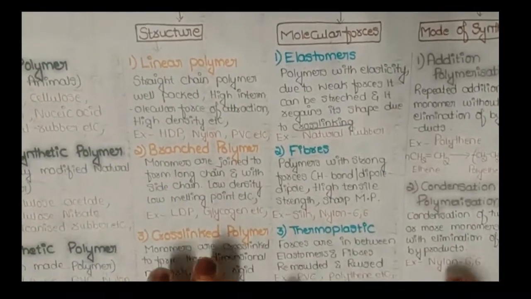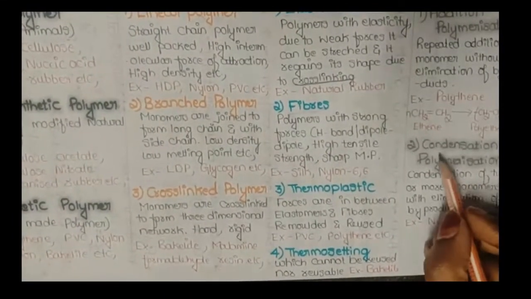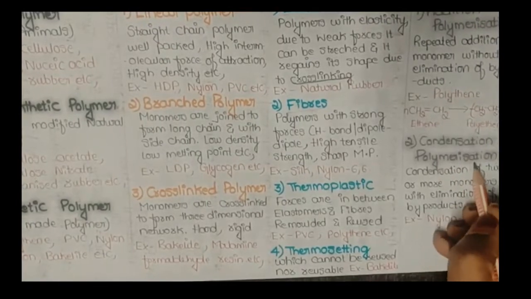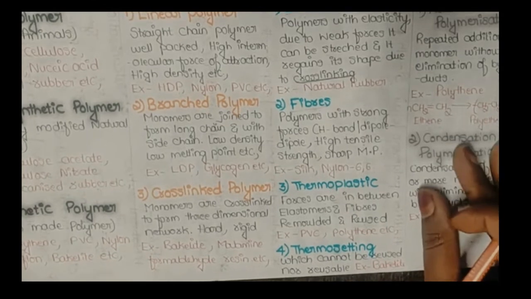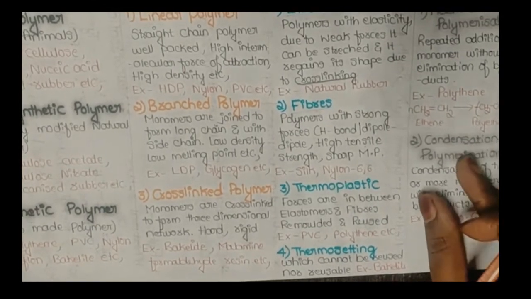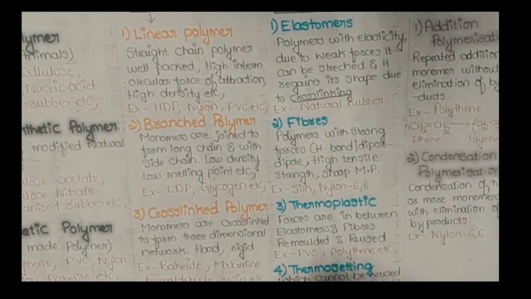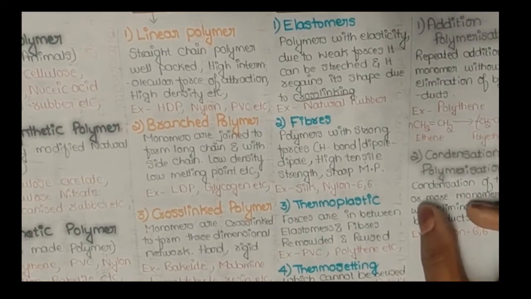Okay, so now let us move on to the next type, that is called condensation polymerization. So here, when does the condensation polymerization happen is, we have to take 2 monomers. And the condition is very important.